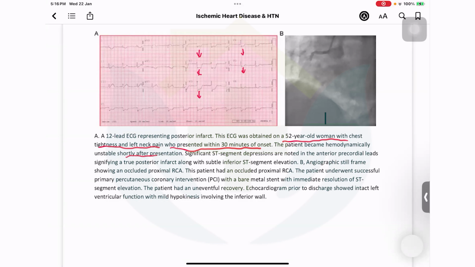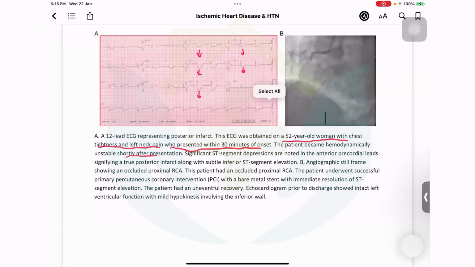NSTEMI? This is actually an excellent ECG. It's a true posterior MI. How do you make it out? In such a situation with so many leads involved, it cannot be a non-STEMI. So you just lift it up and see the opposite side of the ECG through and through.